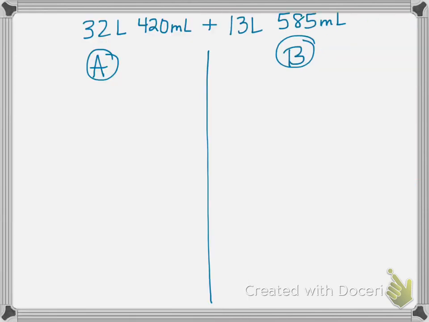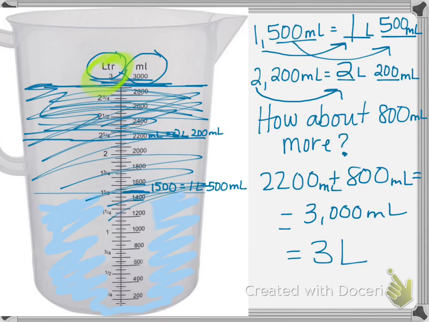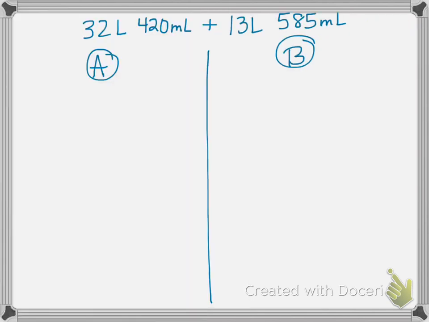Okay, let's go ahead and do some addition now. 32 liters, 420 milliliters. So think of that. This is only 3 liters, so you're talking 32 liters. That's quite a bit, a couple buckets worth. Plus 13 liters, 585 milliliters. Now remember, we worked through 2 ways to do this.